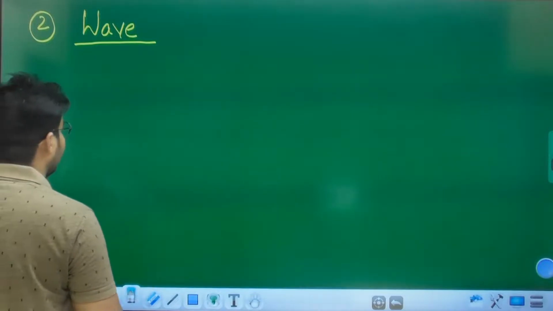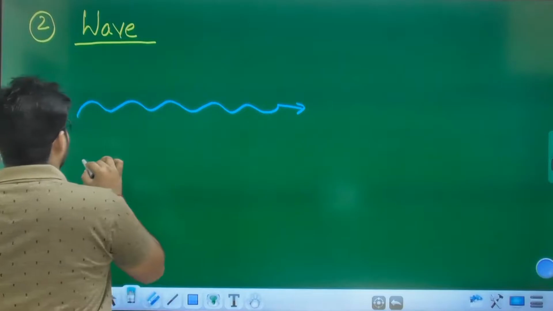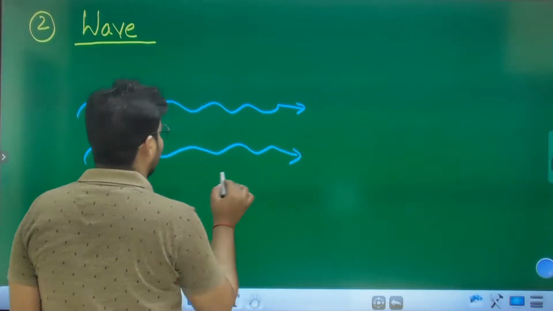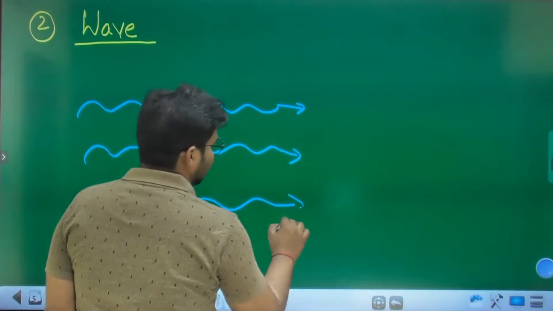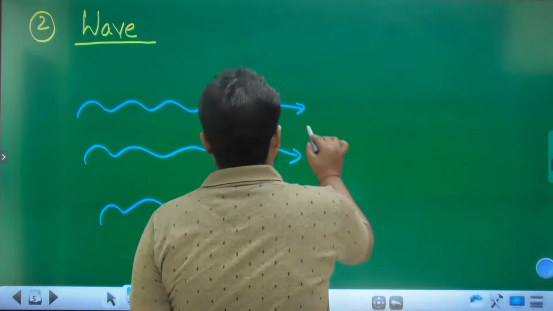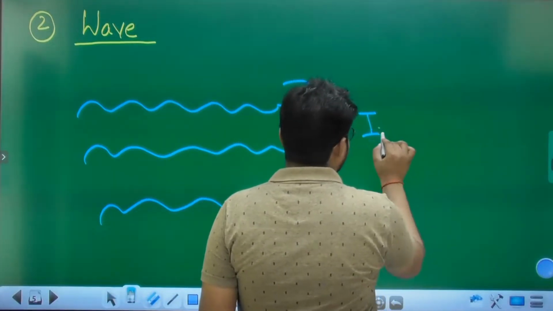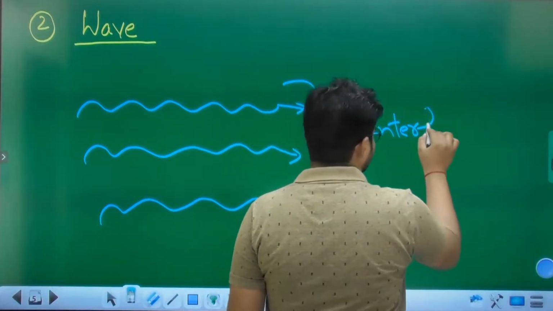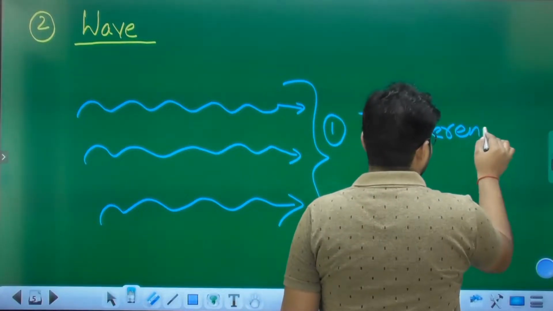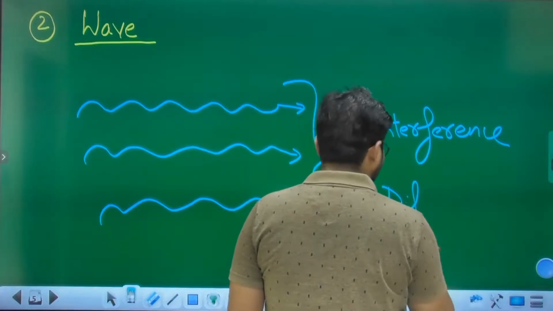What is the wave nature? When the light travels in wave form, we say it is the wave nature of light, and the phenomena involved in this are interference of light and, second, diffraction of light.